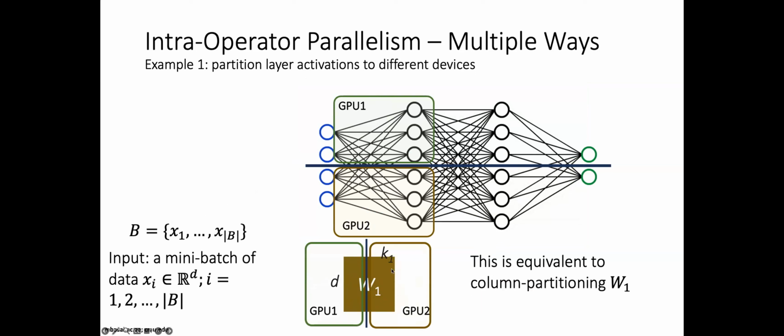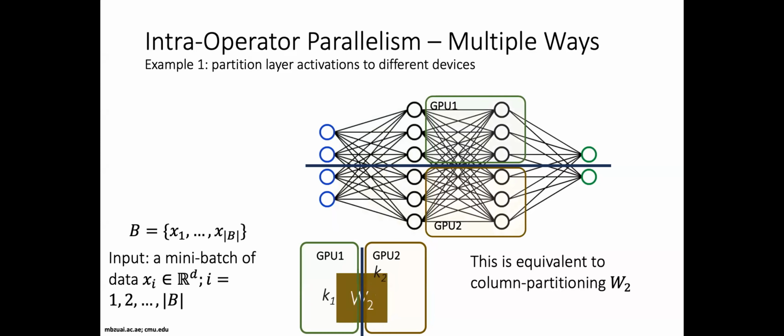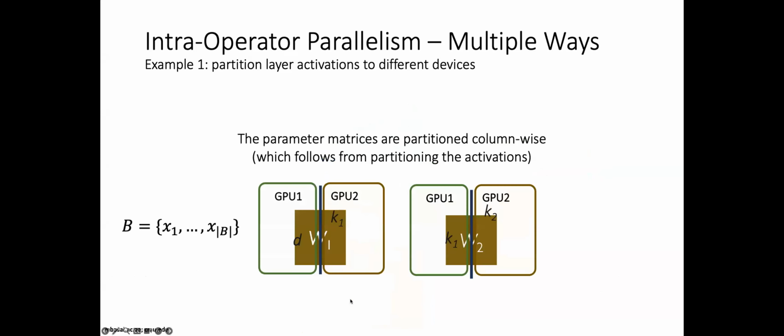So by partitioning the neurons in a disjoint way, we are made to column partition the W1 matrix: some columns to device 1, some columns to device 2. Similarly, we did the same thing on the second hidden layer, so again, we're column partitioning the weight matrix W2. So in summary, for the parameter matrices, you column partition both of them.